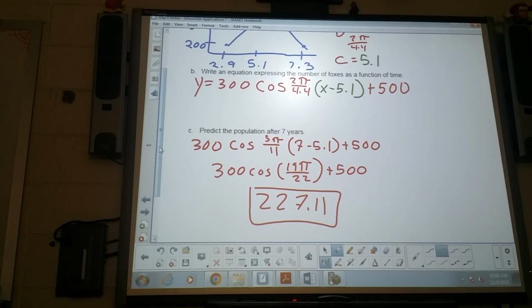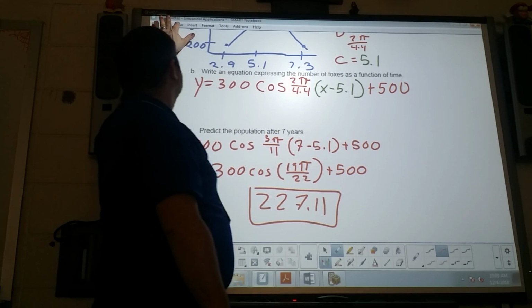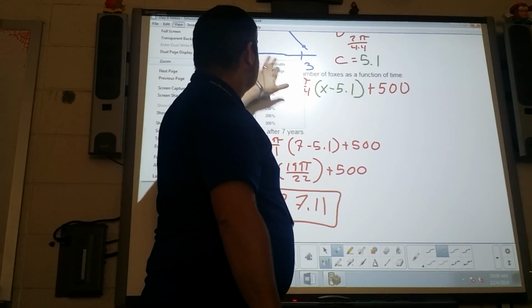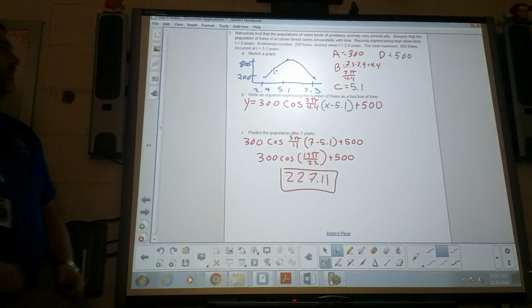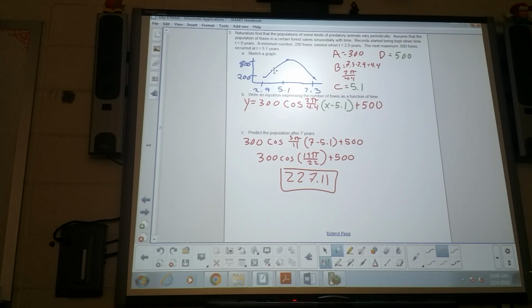Questions on problem 3? Where'd you get the 5 over 11 there? If you do 2 divided by 4.4 and turn that into a fraction, it gives you the fraction 5 over 11.